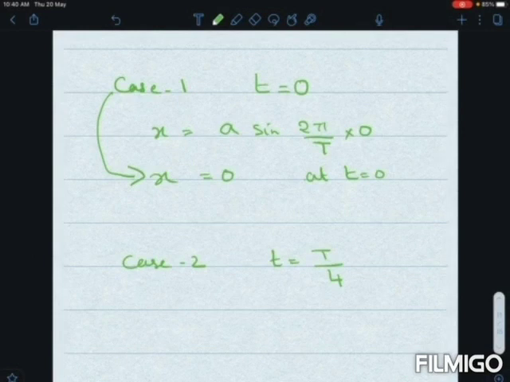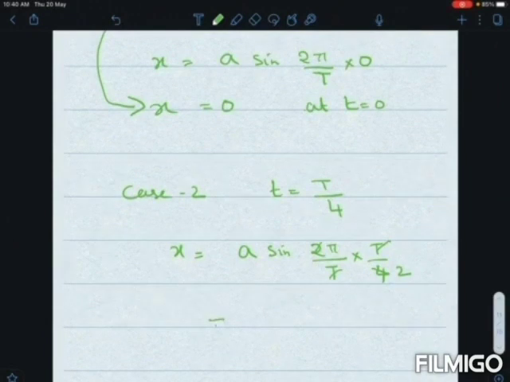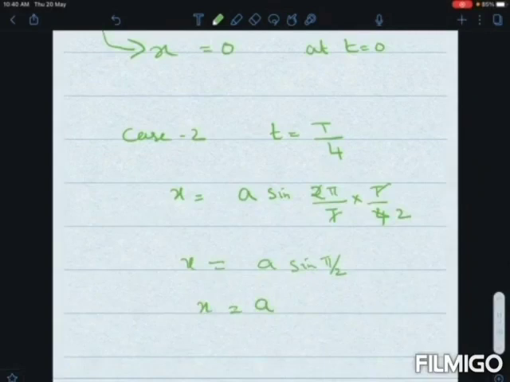When you substitute in equation 6, x is equal to a sine 2 pi by T into T by 4. So T and T get cancelled. It becomes sine pi by 2, and you know sine pi by 2 is nothing but 1. So x will be equal to A. This is the maximum amplitude. X will take the maximum amplitude for t equal to T by 4.